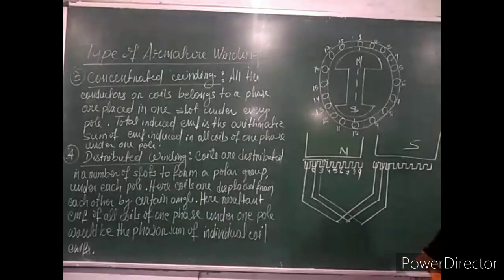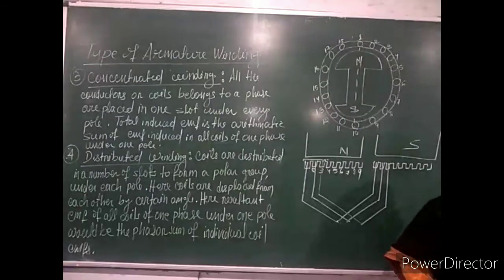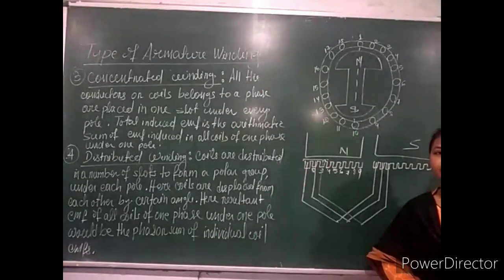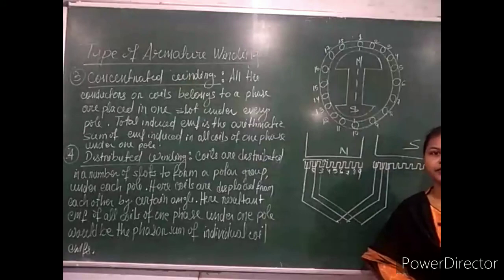Now after completion of this topic, you are able to find winding factors such as pitch factor and distribution factor, which we will discuss in our next video lecture class.